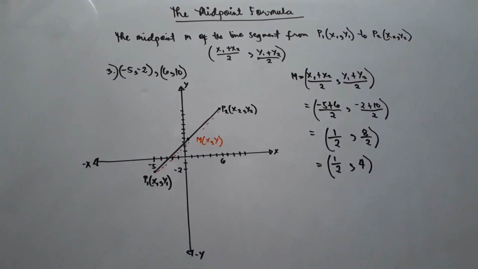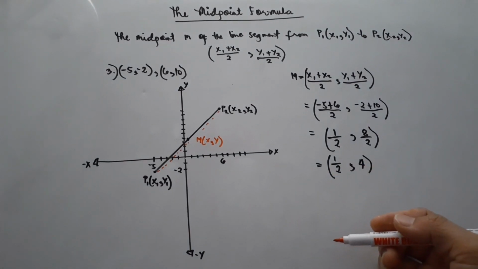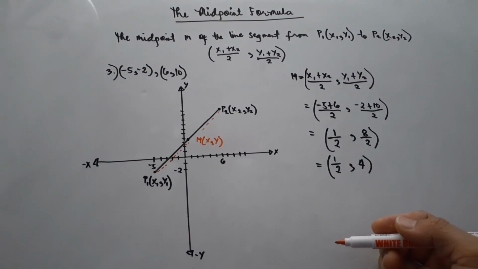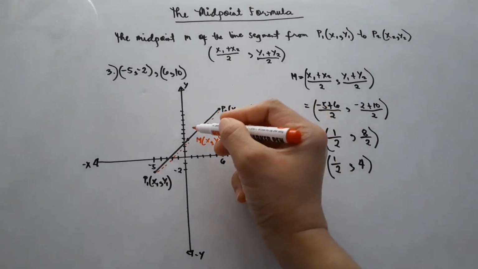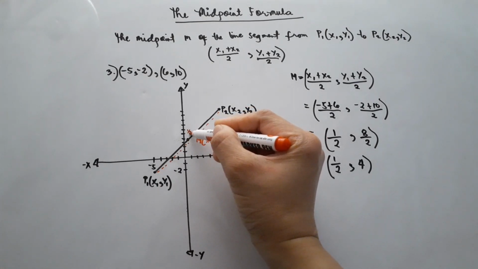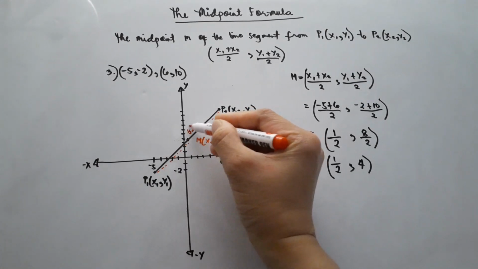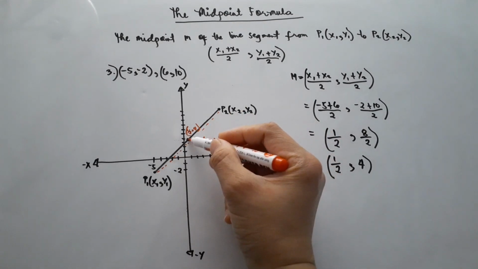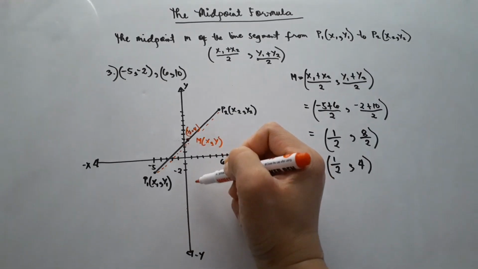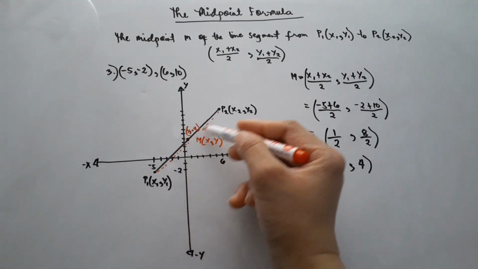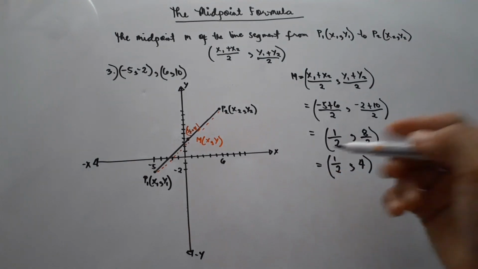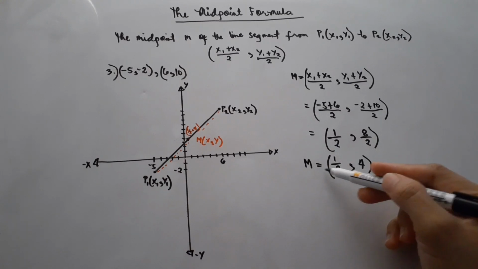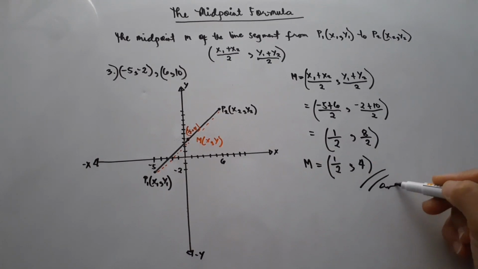The measure from the midpoint going to the endpoint is the same as the measure from the midpoint going downward. So this is 1/2 and 4. And then you see each unit is the same measure to each endpoint, and this is our midpoint. This is the answer.